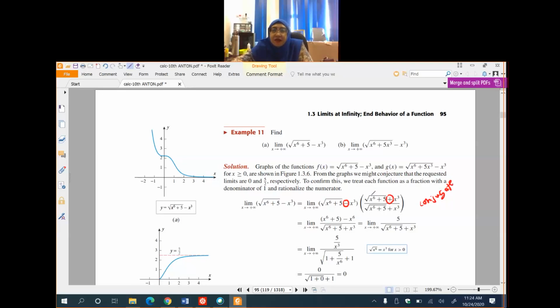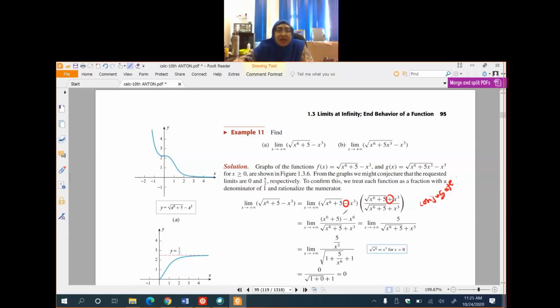Okay, and then you multiply. This method of multiplying with the conjugate is because you want to get rid of the radical sign. So somehow you get x to the power of 6 plus 5 minus x to the power of 6.